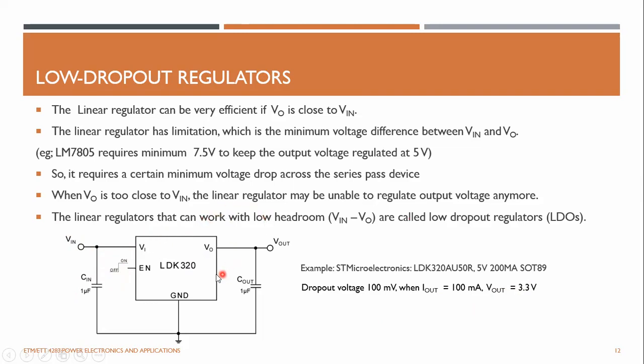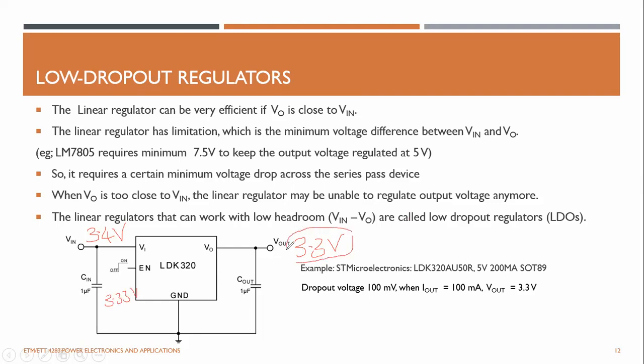Let's take this one as 3.3 volts. You can run your system even at 3.4 volts. If you have 3.4 volts, this will do the regulation. If you drop to 3.35 volts, the output will not be 3.3.